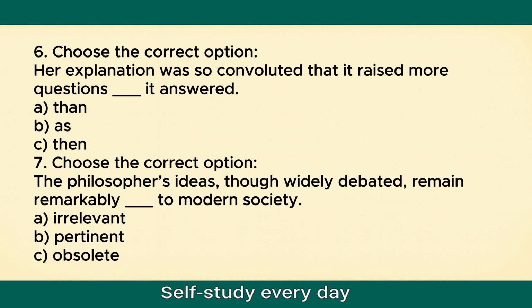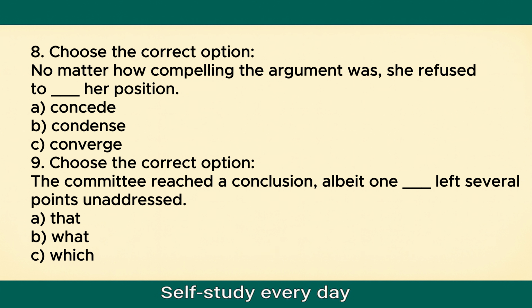7. Choose the correct option. The philosopher's ideas, though widely debated, remain remarkably pertinent to modern society. A. Irrelevant. B. Pertinent. C. Obsolete. 8. Choose the correct option. No matter how compelling the argument was, she refused to blank her position.